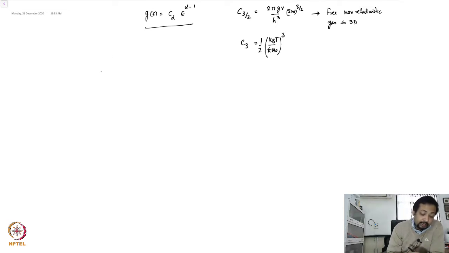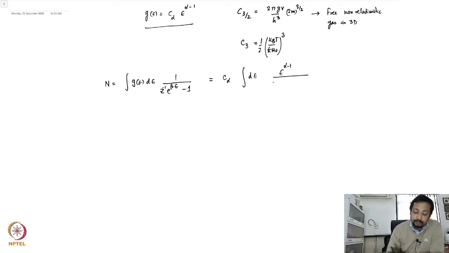So then the particle number is the integral of g(ε) dε over z^(-1) e^(βε) minus 1, and this gives me C_α times the integral of dε ε^(α-1) over z^(-1) e^(βε) minus 1.